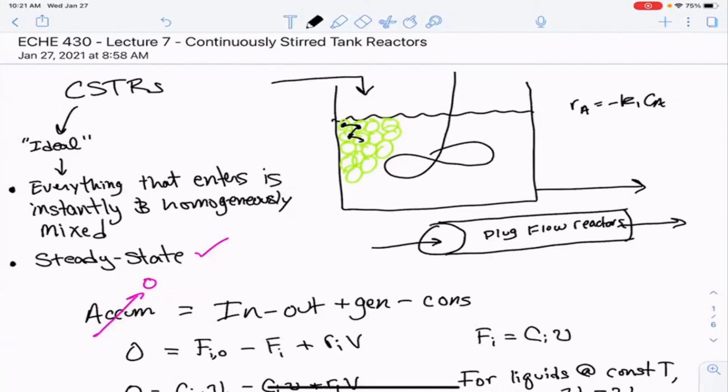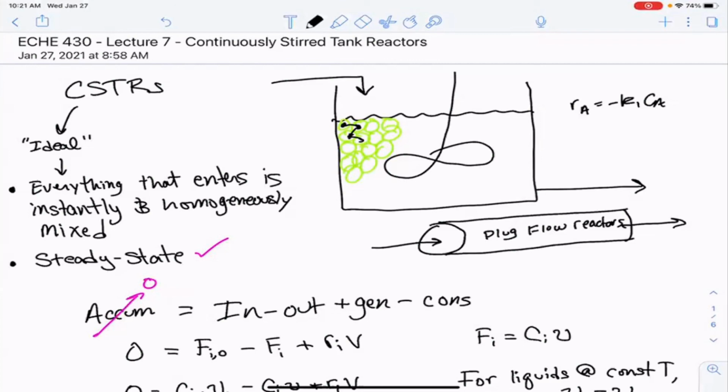Okay. So hopefully in lecture today, we at least have a baseline for what a CSTR is and how a CSTR might behave. We also solved a couple example problems. One was a simple one where A goes to B in one reactor, and that's really to familiarize you with the math and hopefully feel a little bit more comfortable with it.